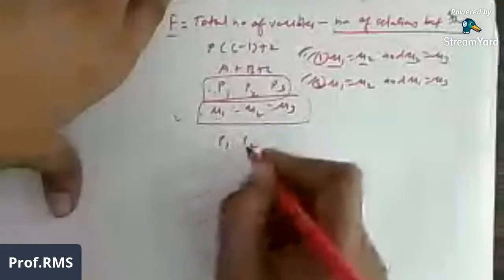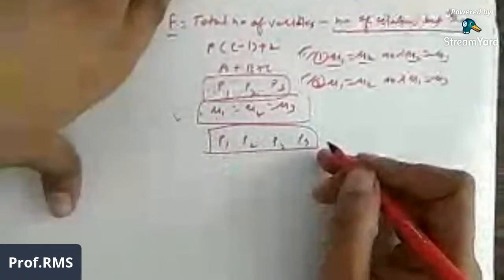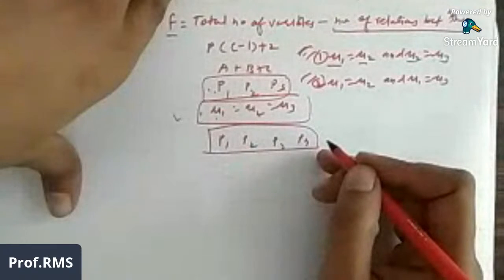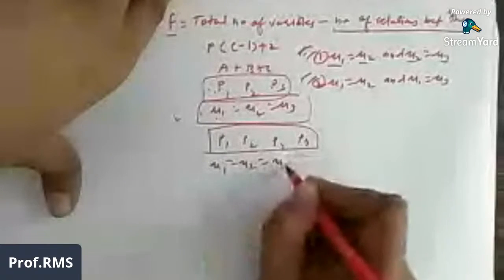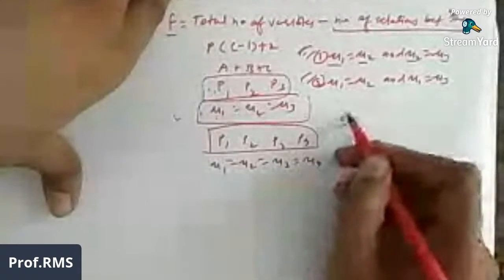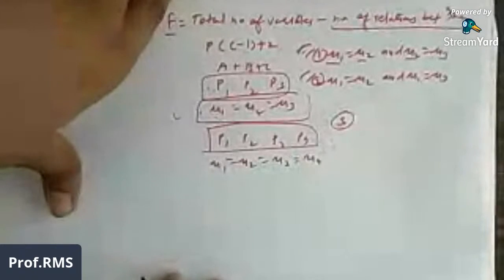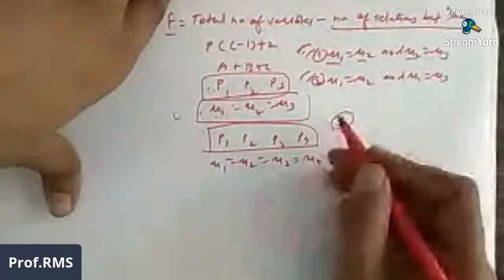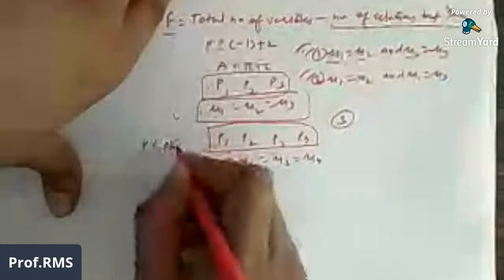So for four phases, P1, P2, P3 and P4, how many equations do we get? Mu1 equal to mu2, mu2 equal to mu3, mu3 equal to mu4. Simply, we get three equations.